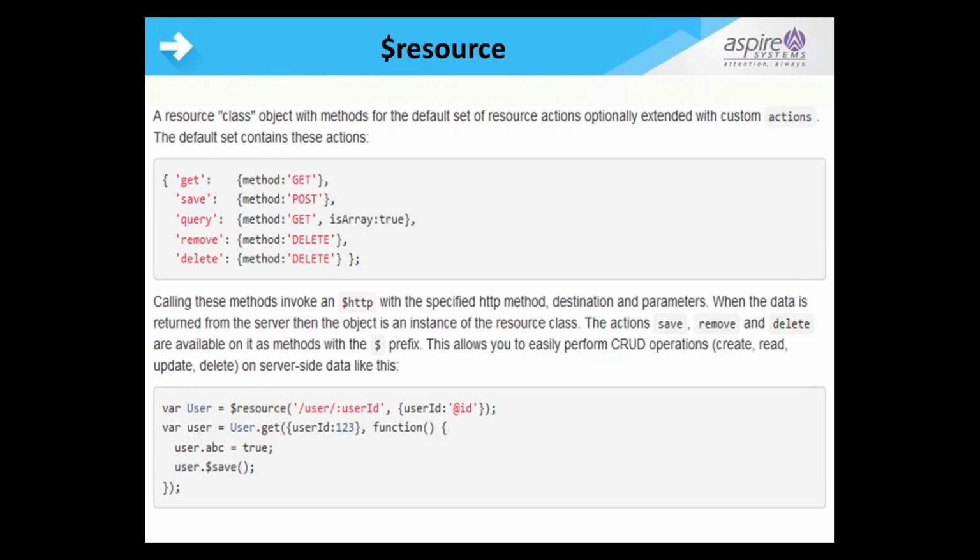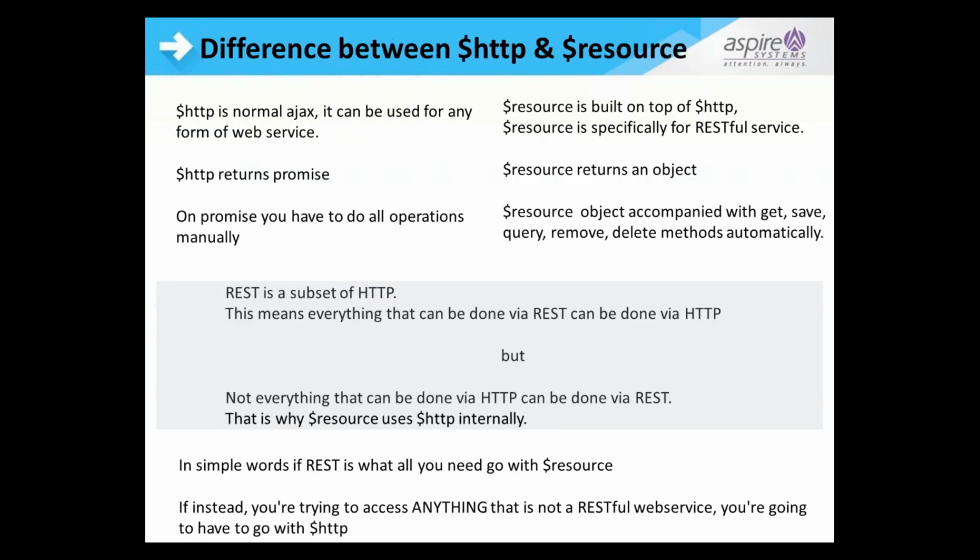Then it gives an inbuilt method called $save, so that you don't have to make an additional API call to save after fetching the data. It's like update: take the data, update some property, save. It has an inbuilt method which does it for you, so you don't have to write a new API call for that.